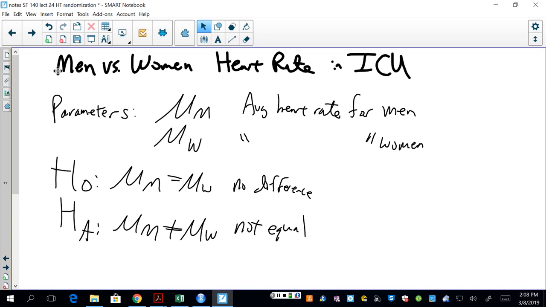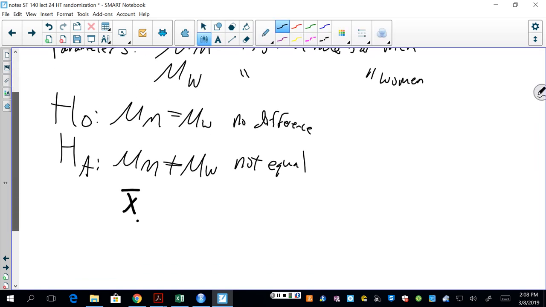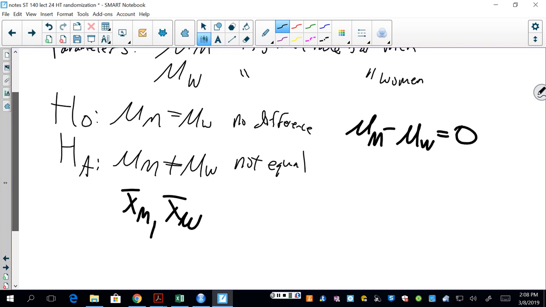So we'll have different data here. We have an X bar for men, and we have an X bar for women. If there's no difference, that translates into you can take the difference between the two, and I would say the difference is 0. The alternative hypothesis says that the difference is not 0.